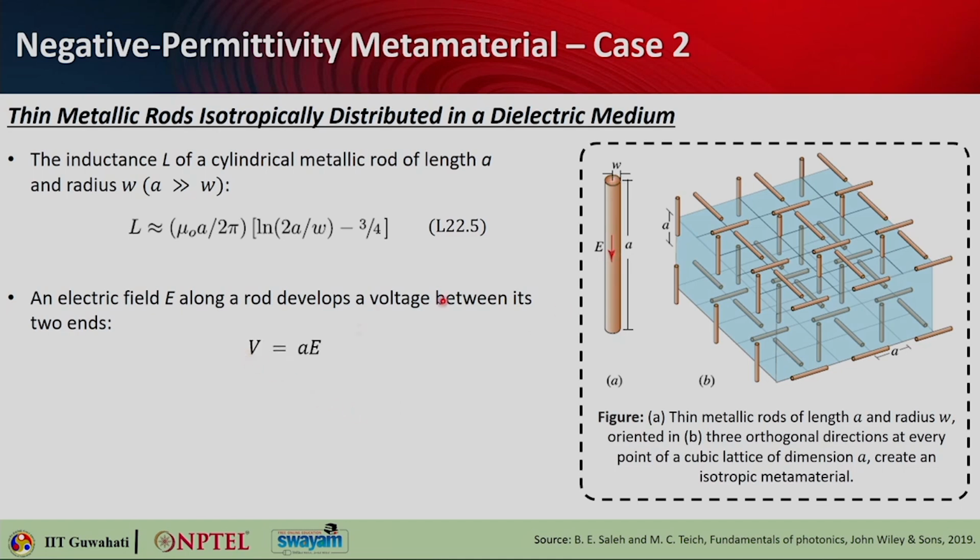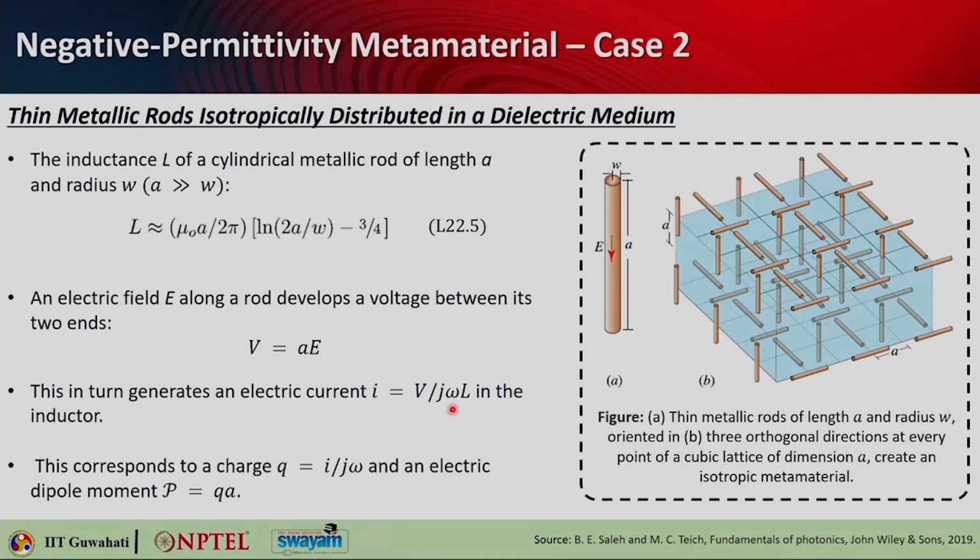So V can be taken as aE, where a is the length of this rod. You will also then get a current. Current I can be written as V divided by the impedance of this rod, which is j omega L. That is how you can find out.